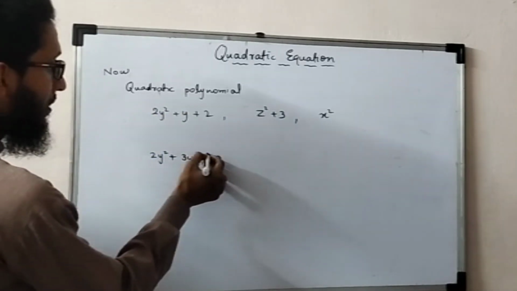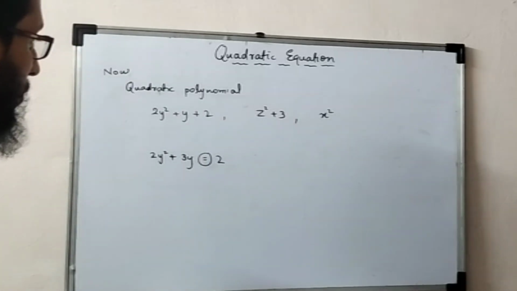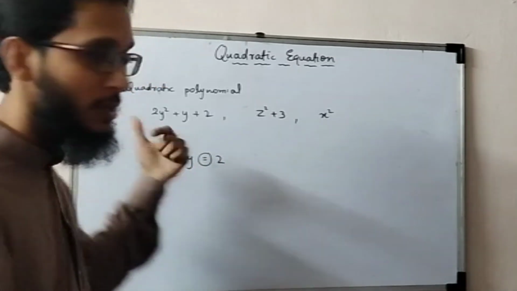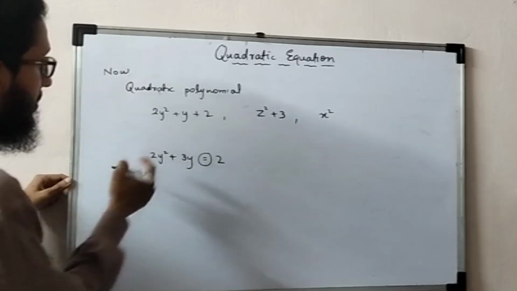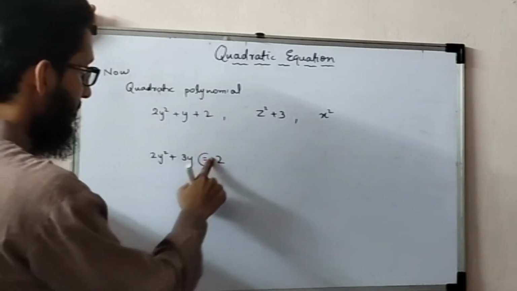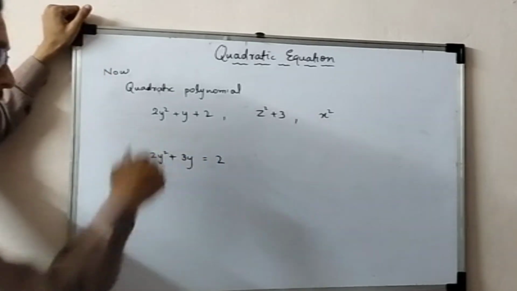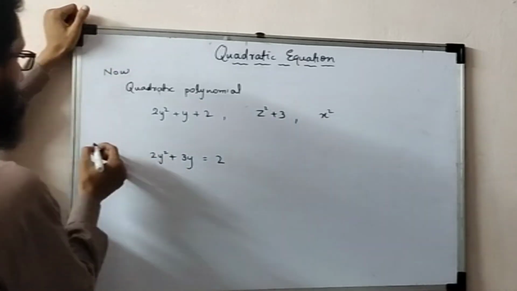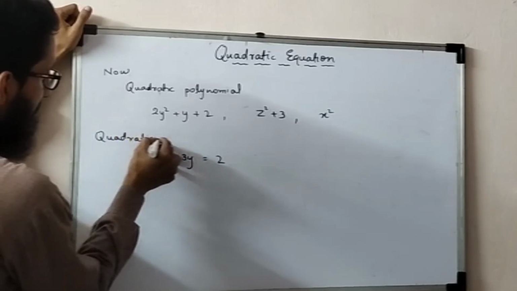You have an equal sign here. So this equal sign made this quadratic polynomial into a quadratic equation. There is a difference between a quadratic polynomial and a quadratic equation. This is a major difference. Basically the difference is that here you will see the equal sign. Okay, this is an example of a quadratic equation.